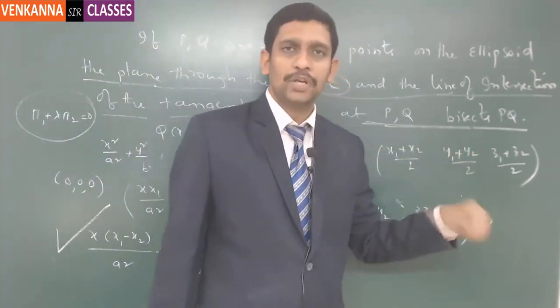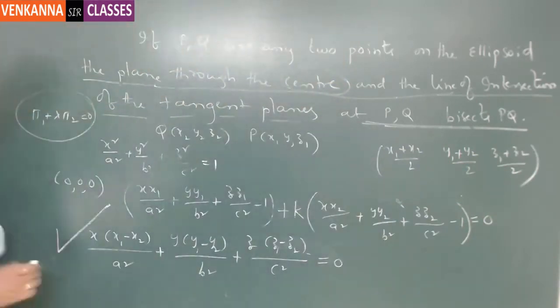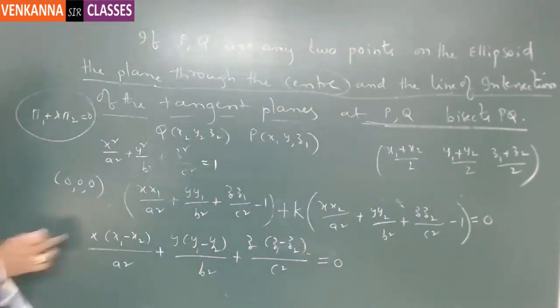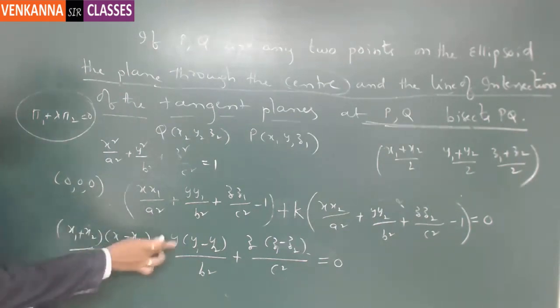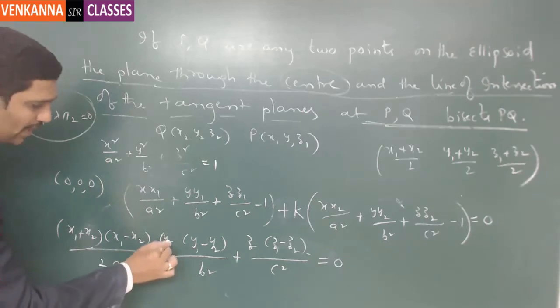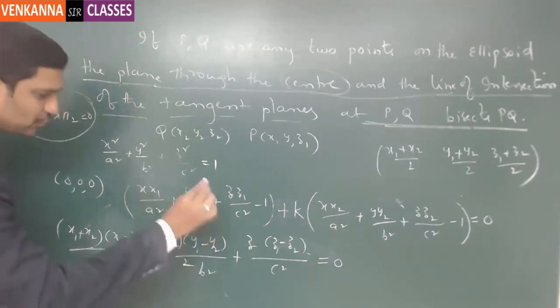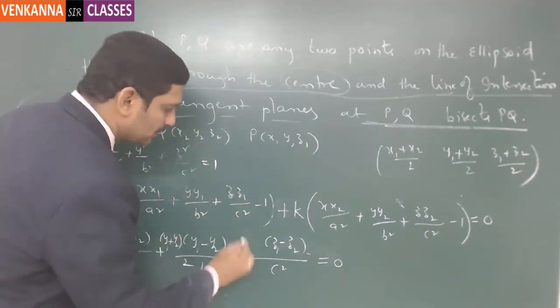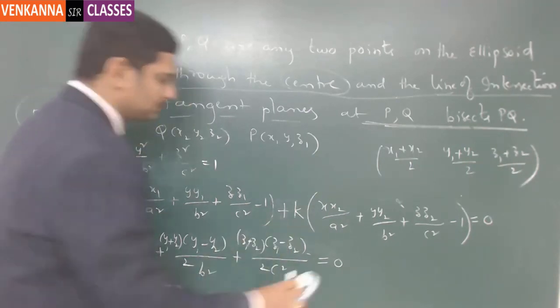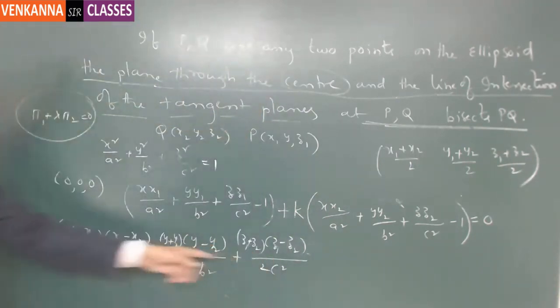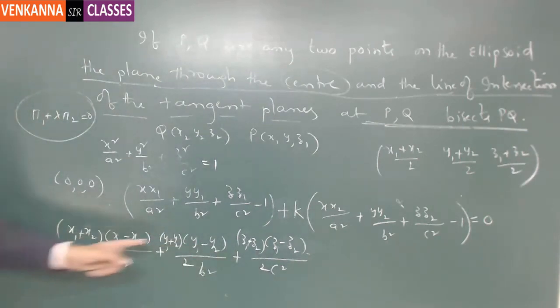So in place of x, y and z, I am substituting this midpoint. On substituting, what happens? Let us see. It is nothing but (x1 plus x2) by 2a square, (y1 plus y2) by 2b square, (z1 plus z2) by 2c square. This is the thing you will get if you substitute in the plane. Accepted?